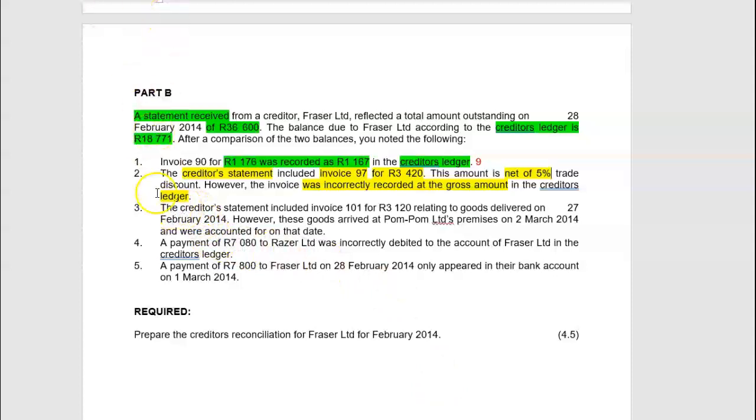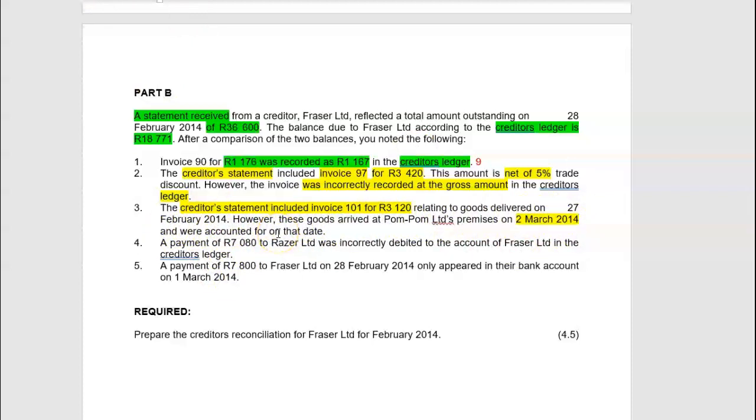Number 3. The creditor statement included invoice 1010 for 3120, relating to goods delivered on 27 February 2014. However, these goods arrived at Pom Pom Limited's premises on 2 March 2014, and that was accounted for on that date.